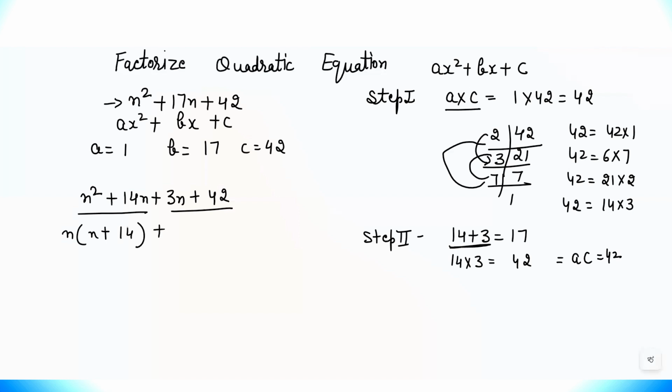From the other two, I'll take 3 common. What is left? n plus 14 is left. You can use the prime factorization method if you are not clear with what to take common. I have already explained this in the previous examples. Now n plus 14 is there in both. What is left? n plus 3 is left. So the factors of this equation are (n + 14) into (n + 3).